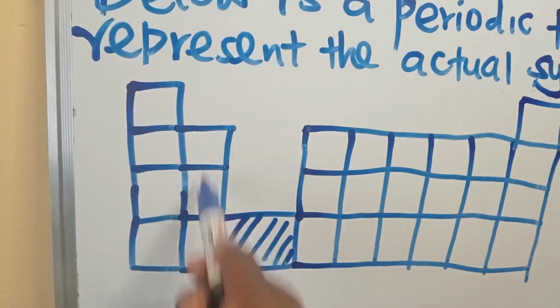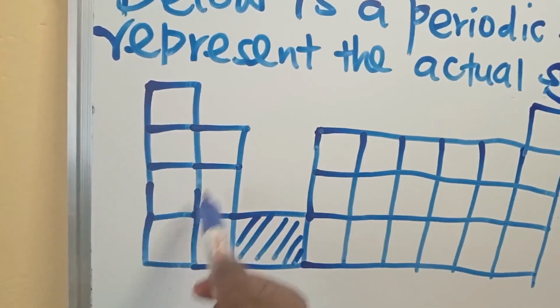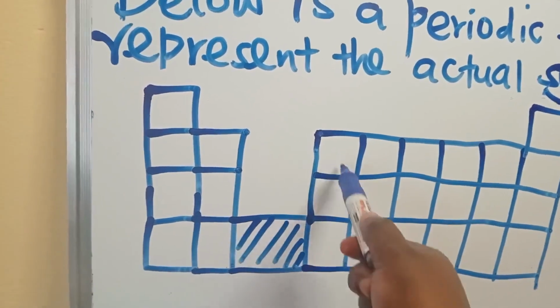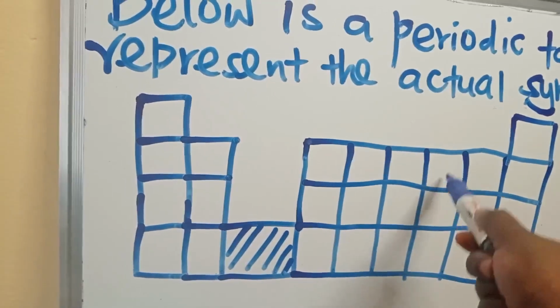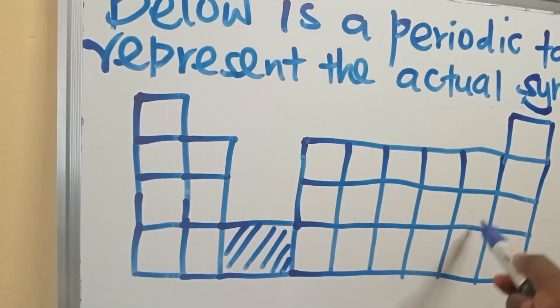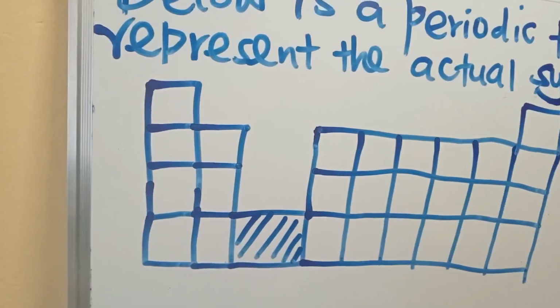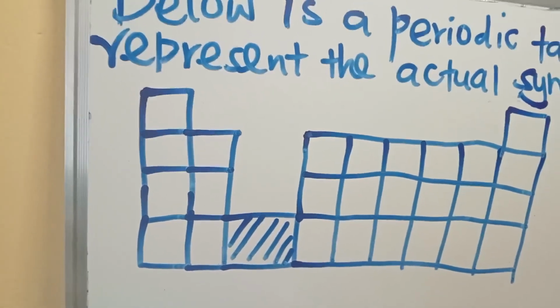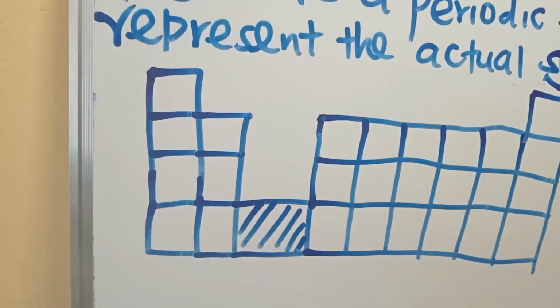For the vertical ones, they should be 8. So 1, 2, 3, 4, 5, 6, 7, 8. For the horizontal ones, for the first 20 elements, they should be 4.